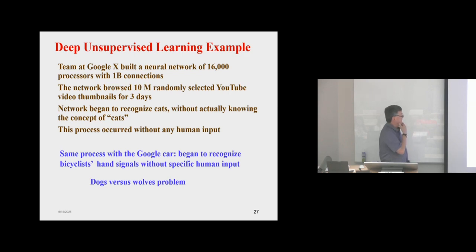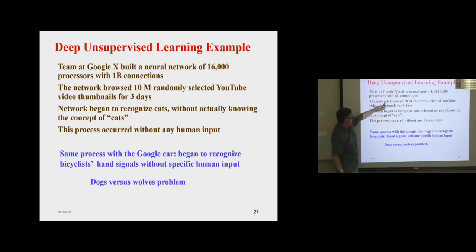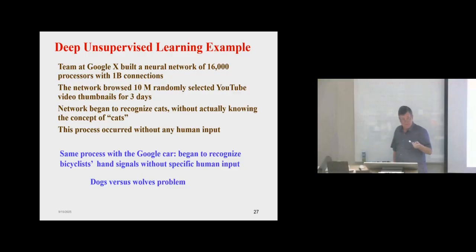Unsupervised, I stuck this in there because Google's been around. They've got Google X, back then their experimental branch. Now it's DeepMind. They put a little tiny neural network together, with 1 billion connections. They're, of course, much larger than that now. They browsed 10 million randomly selected videos. Now, when I say randomly selected, I mean it. And the thing started coming up with cats.